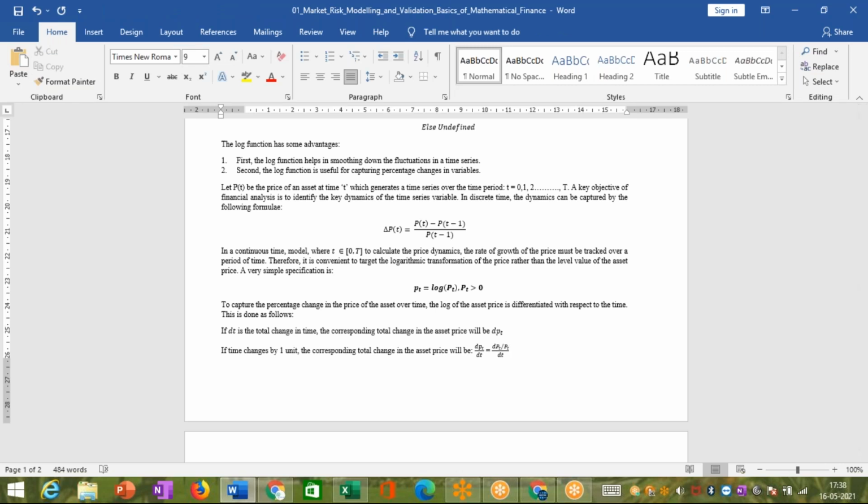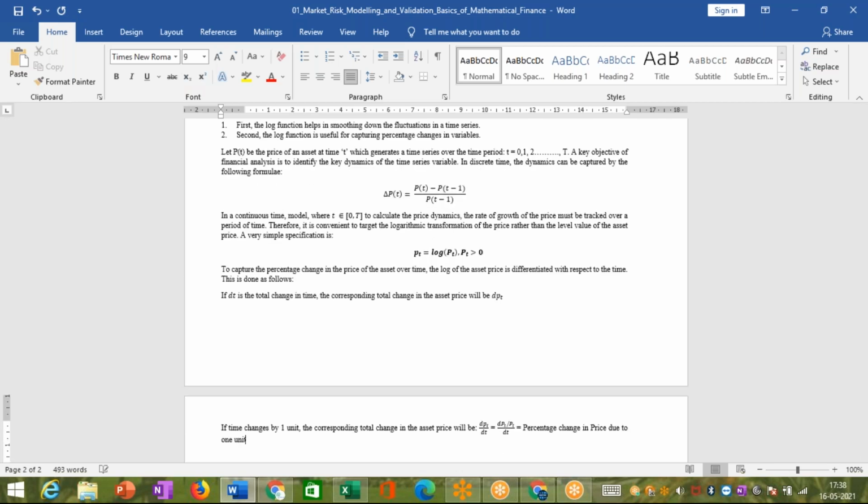So what does the numerator show? The numerator shows nothing but the percentage change in price due to 1 unit change in time period.